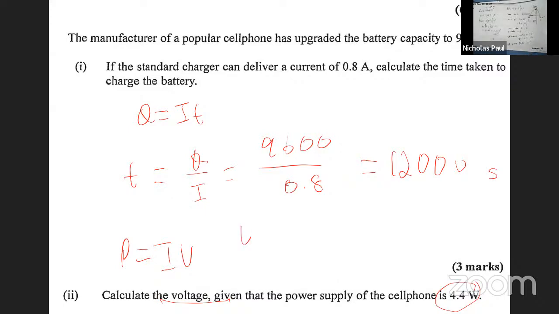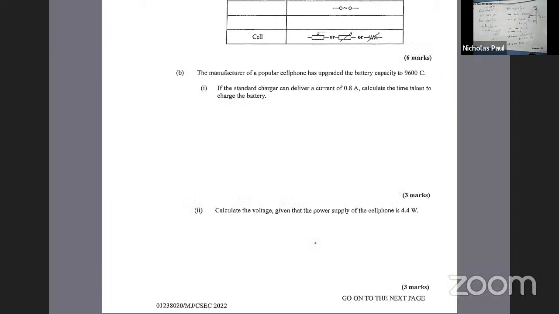Right, so V is equal to P over I. So that's 4.4 over 0.8. 5.5 volts, right? Easy, right? Nice and easy once you learn the little formula.